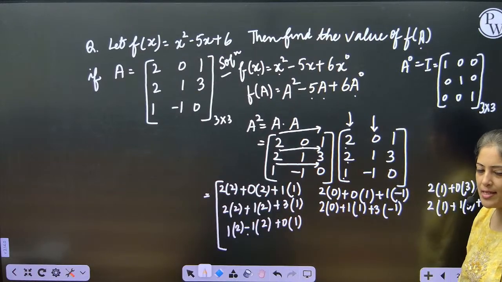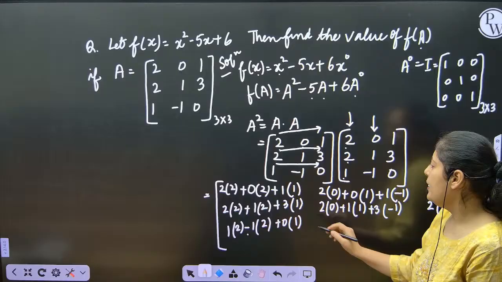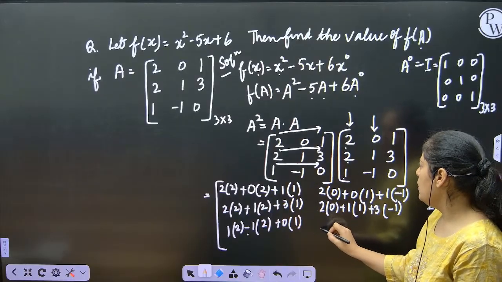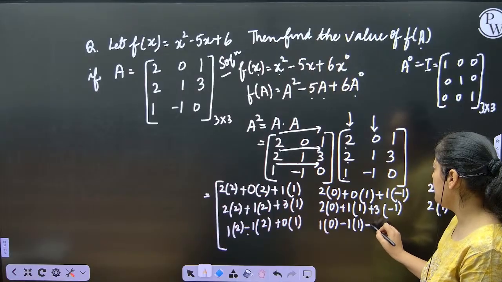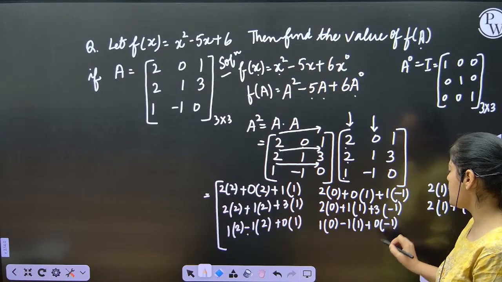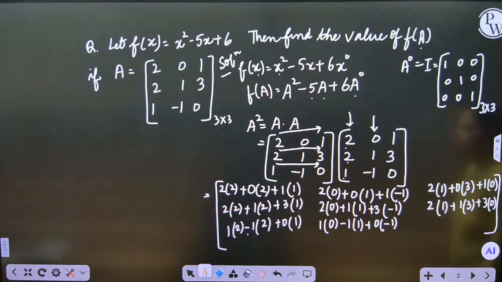So that's how, that step I have written directly. So 1 into 0 minus 1 into 1 plus 0 into minus 1. Now third row, third column: 1 into 1 minus 1 into 3 plus 0 into 0.